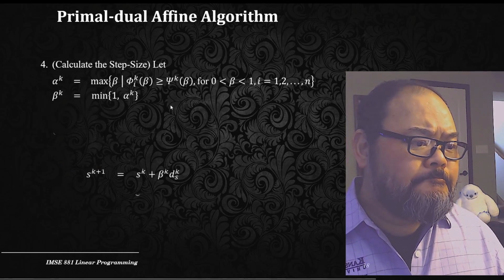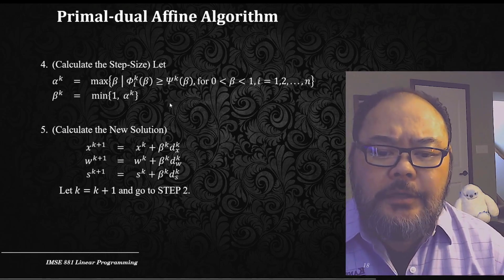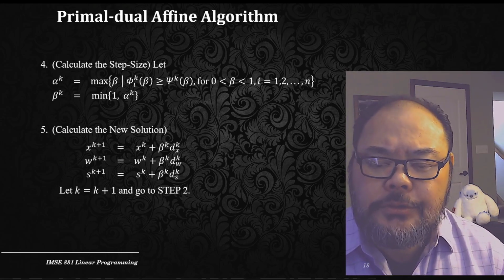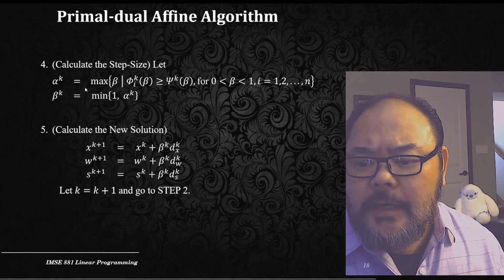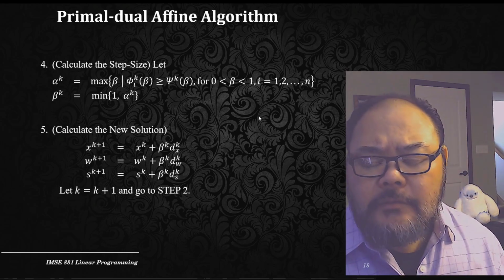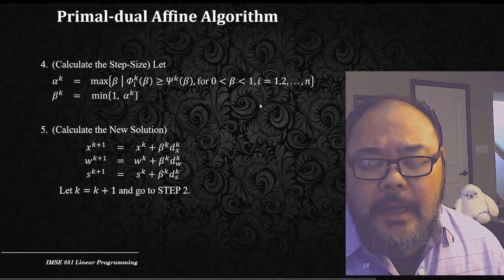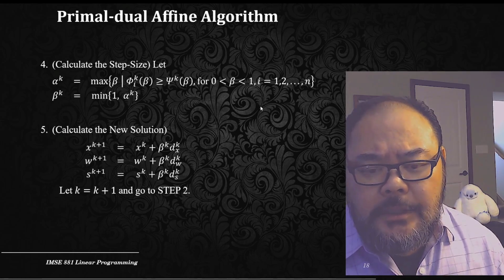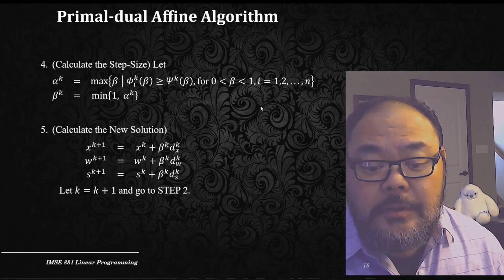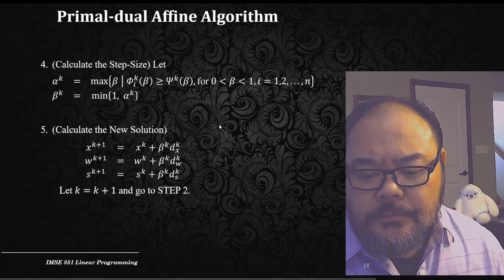The only complication in this portion is the step size beta k, which involves certain measurements in order to mathematically prove global convergence. But the practical implementation can be much more simplified without going through all these.